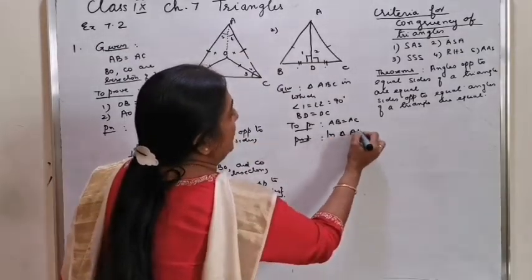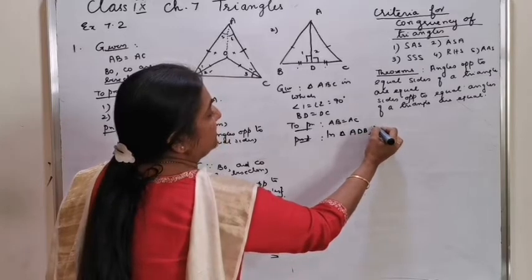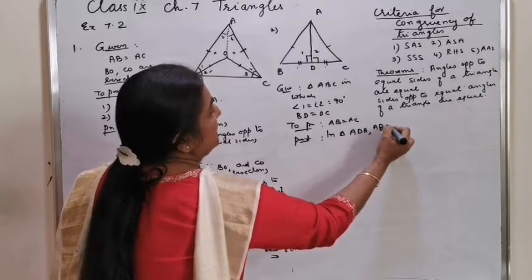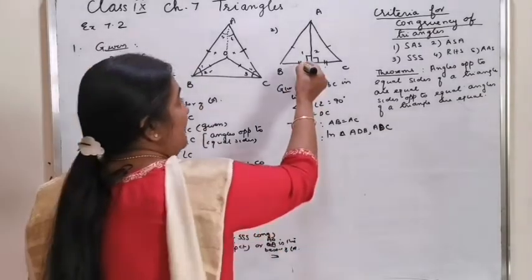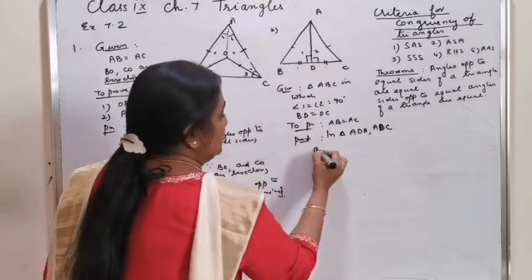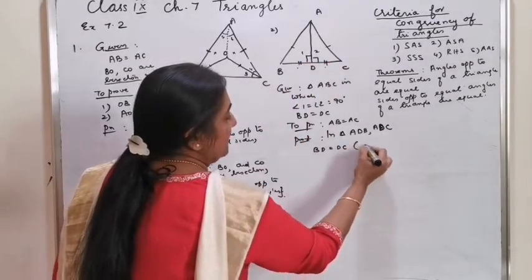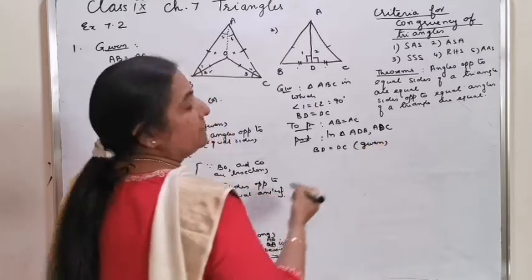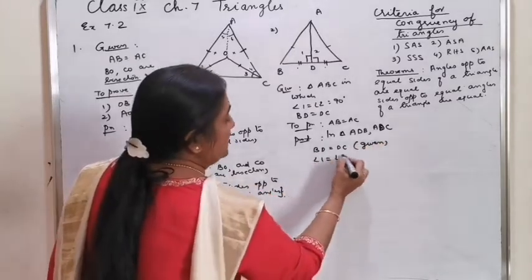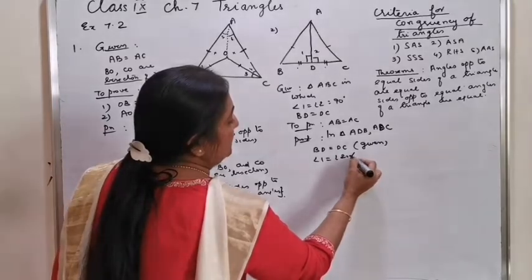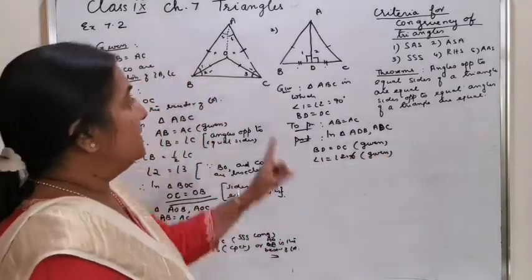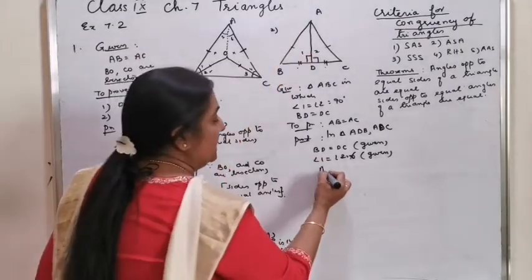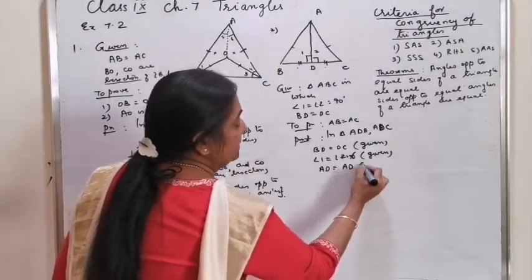In triangles ADB and ADC, BD is equal to DC, given condition. Again angle 1 is equal to angle 2 is equal to 90 degrees, given condition, and AD equal to AD, common.